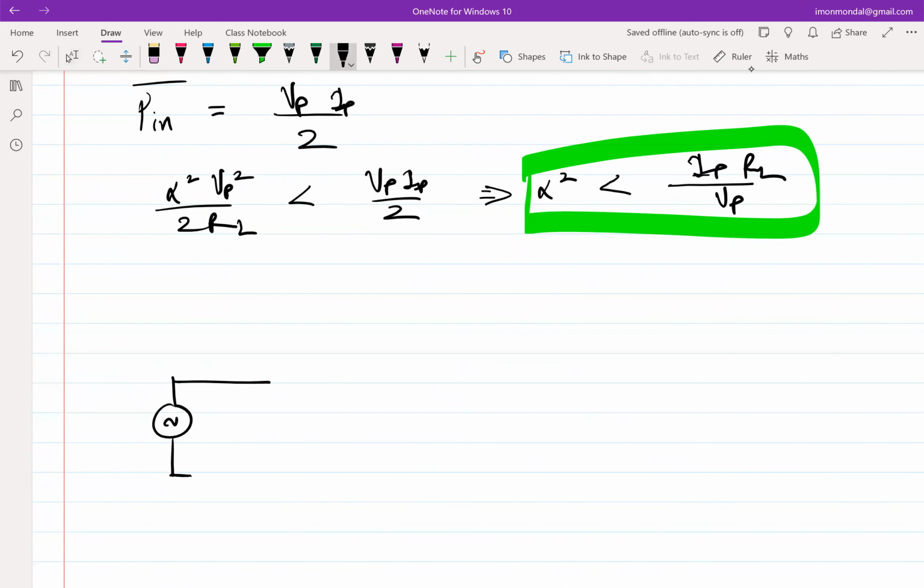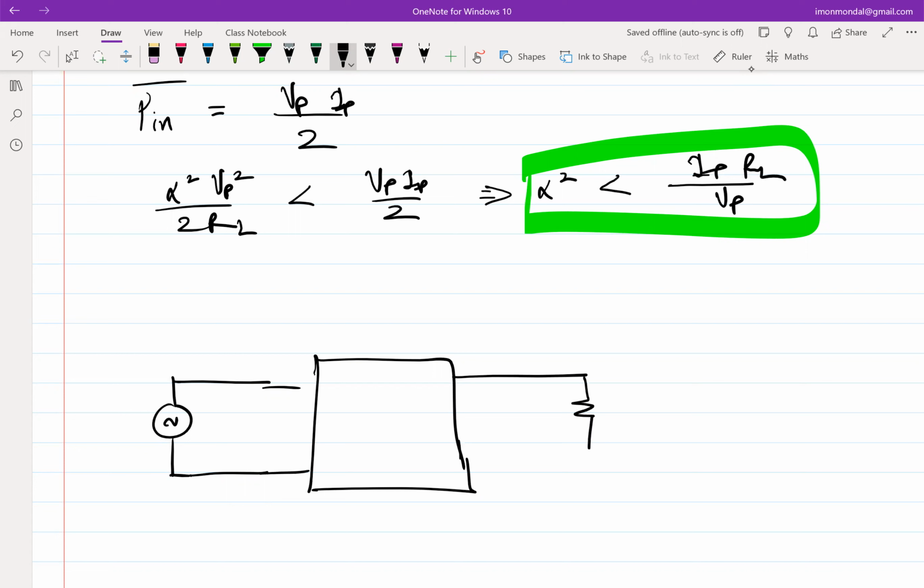When we put these together, what will I get at the output?